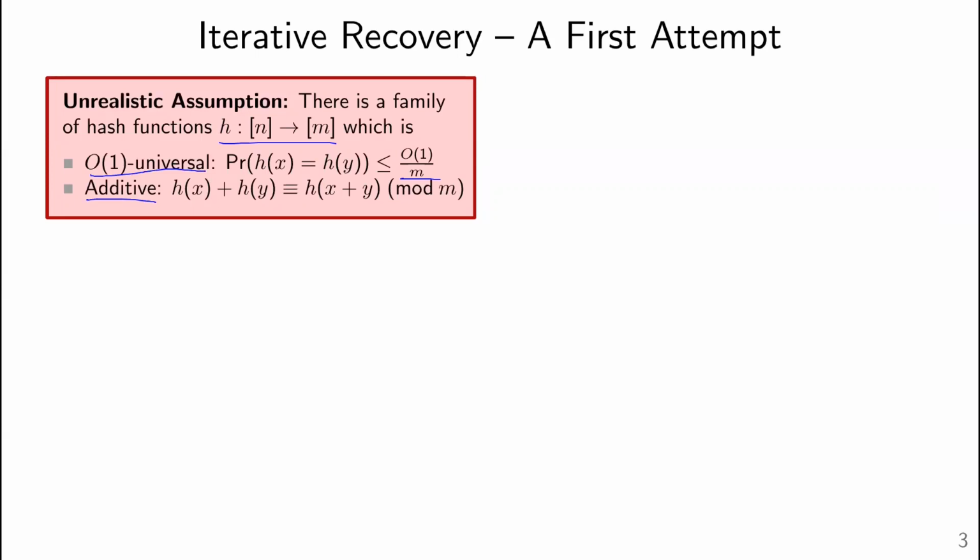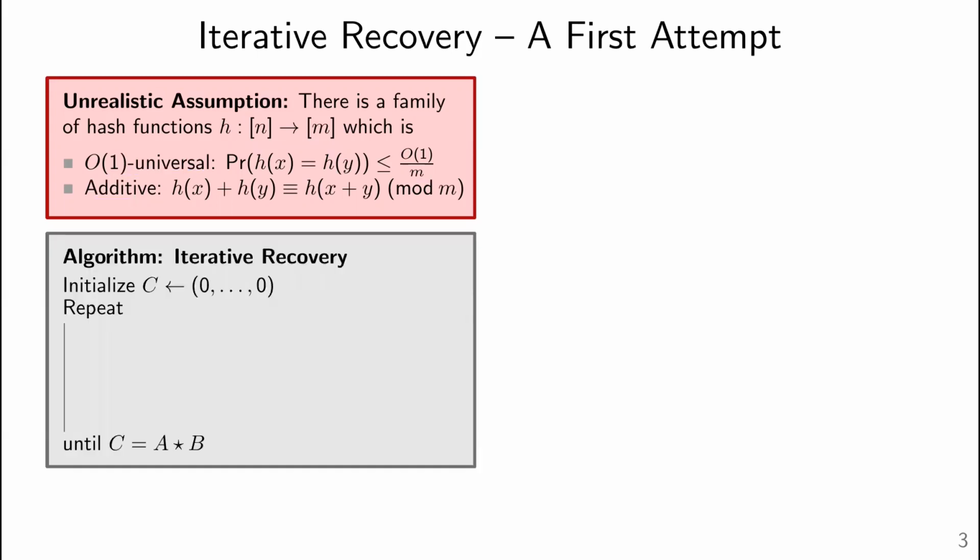Okay, with this unrealistic assumption in mind, I can now give you a quite simple and efficient algorithm for the sparse non-negative convolution problem. It's called iterative recovery, and it works like this. We maintain a vector c, which is initialized to the all zeros vector, and we repeat something until c is equal to a star b.